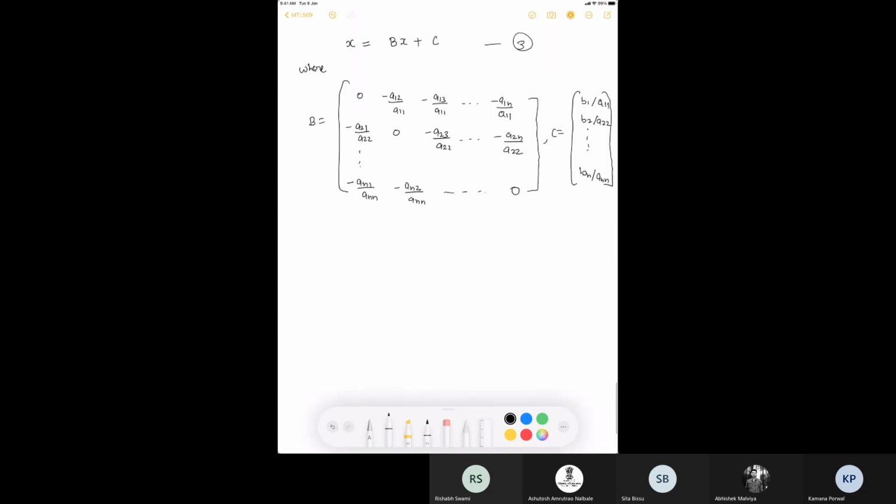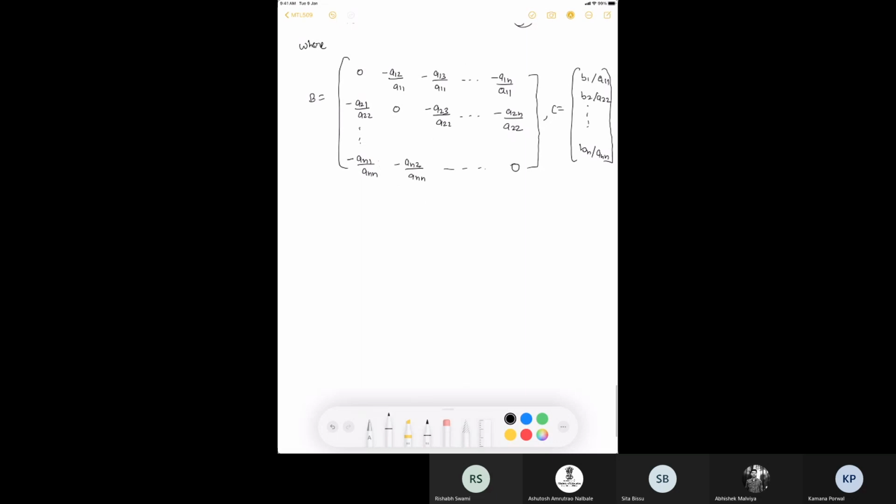So now let's understand what this Gauss-Jacobi method is. As I said, since it is an iterative method, I'm going to require an initial guess. So let's take the initial guess to be x1 1, x2 1, up to xn 1, transpose.